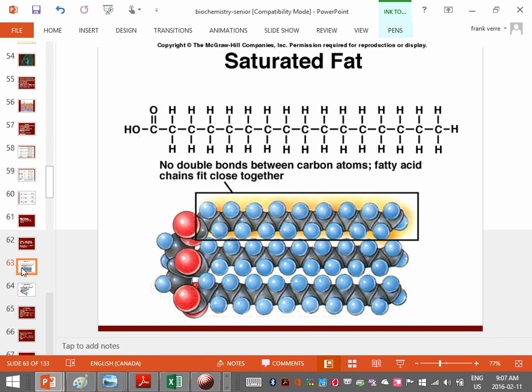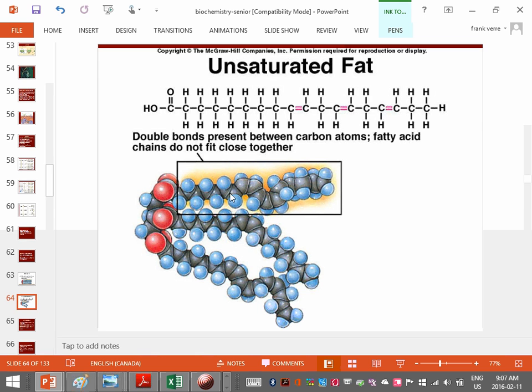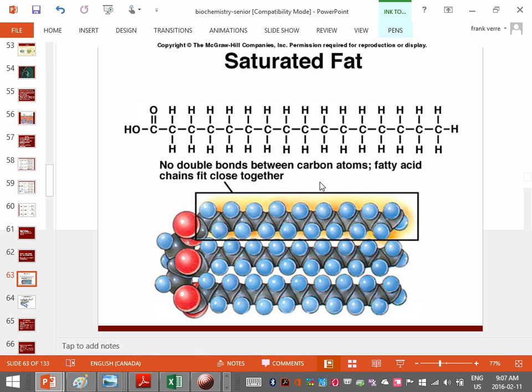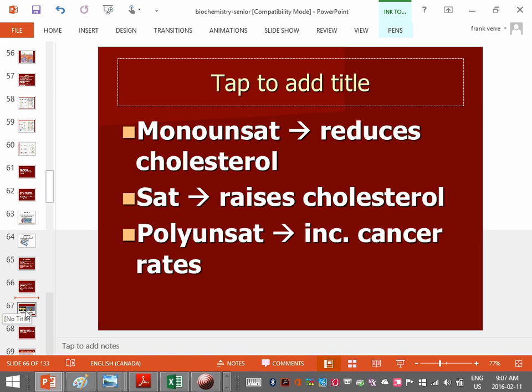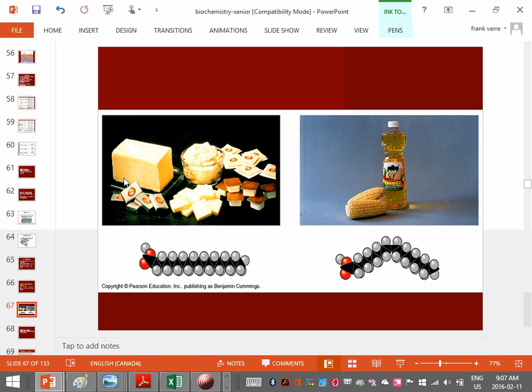Now, a saturated fat has the maximum number of hydrogen atoms, and we talked about how you can see that because it's straight and linear, it's often a solid at room temperature. Whereas the bend in the unsaturated fat causes the molecules to spread out, making it more of a liquid at room temperature.